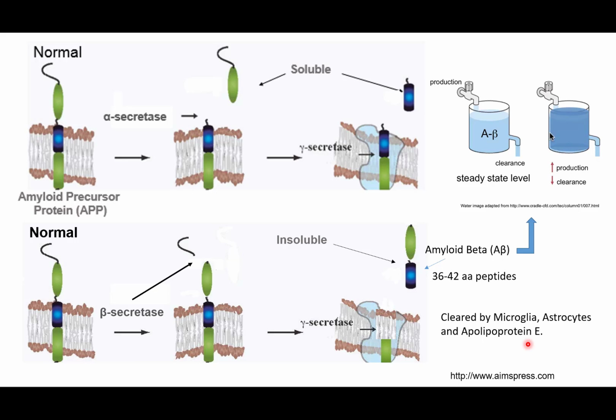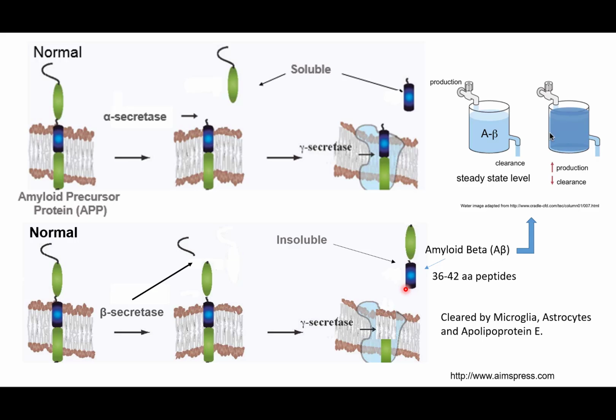A lipid sphere with a protein inside it, that whole thing is apolipoprotein E, and it helps chew this thing up and get rid of it. So this is all part of the recycling center, you can see. Microglia and astrocytes, parts of the immune system, release apolipoprotein E. All together they come and they process this.